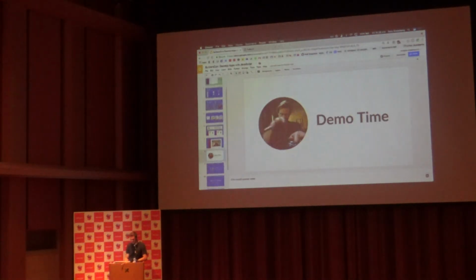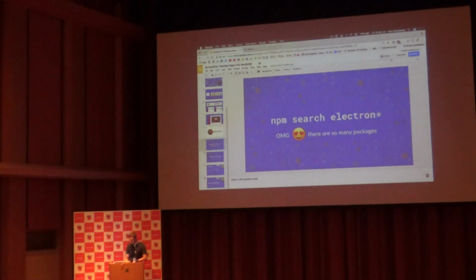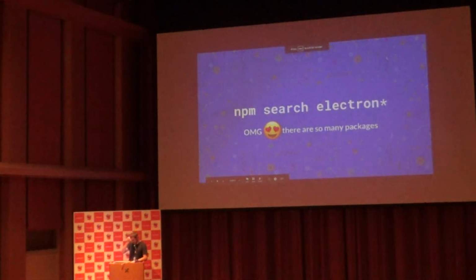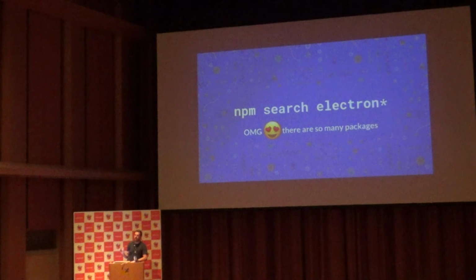So, real quick. 3 more points. The first one is that you have everything available to you on NPM. Literally everything. If you want to use SQLite, if you want to use whatever module you like on NPM, you can use it in Electron. But also, there's already 1,700 modules specifically for Electron that make pretty common operations easier.